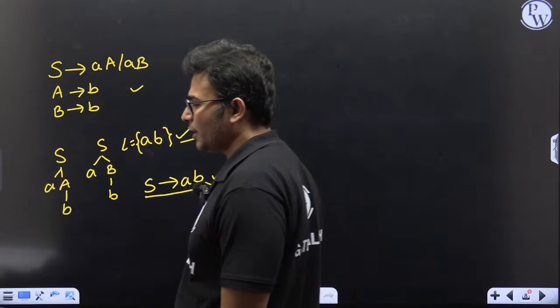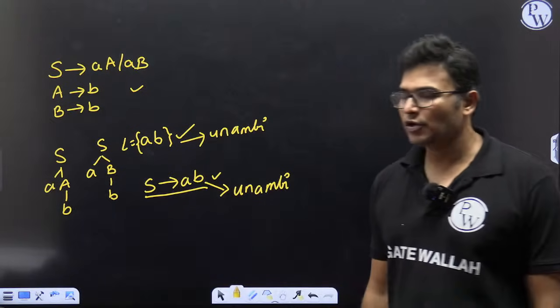So how do you check whether a language is ambiguous or not?